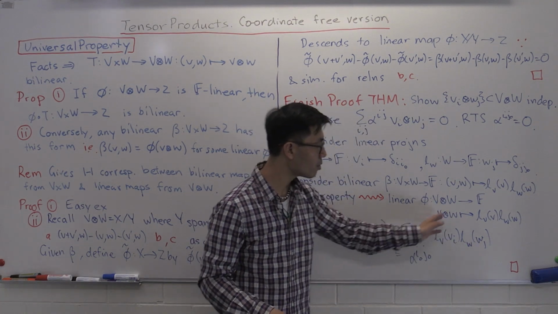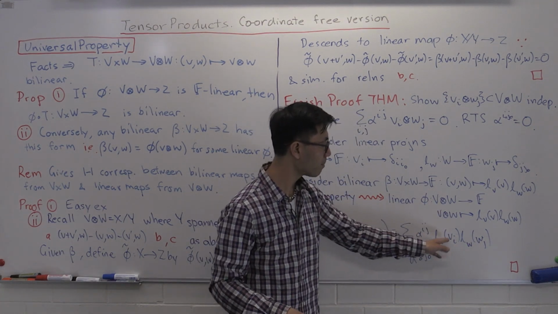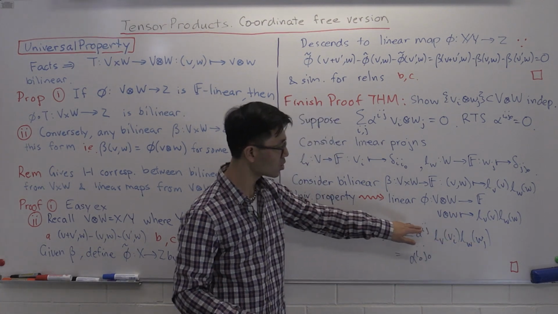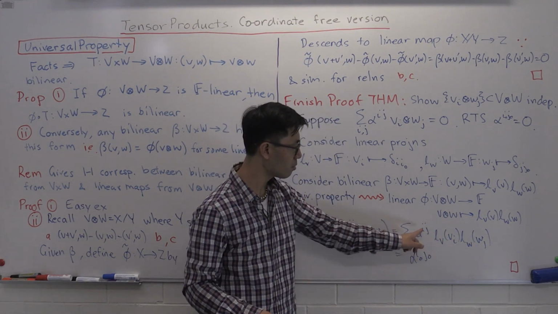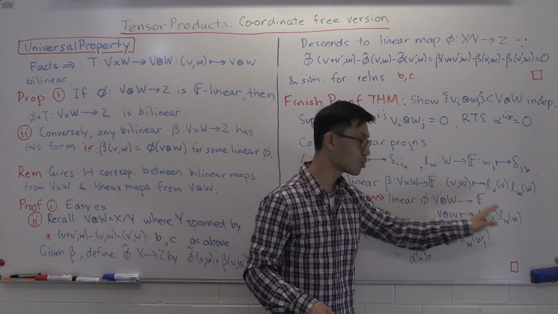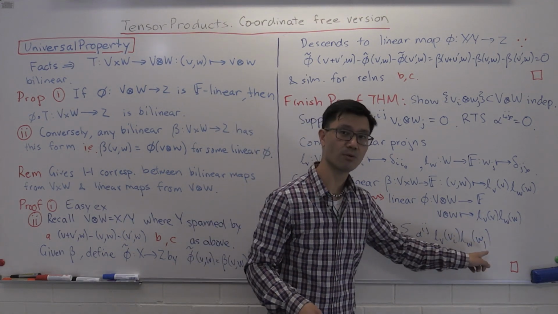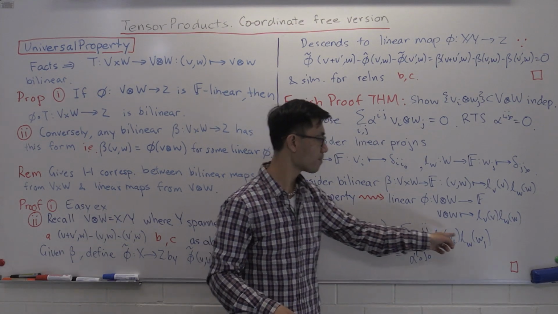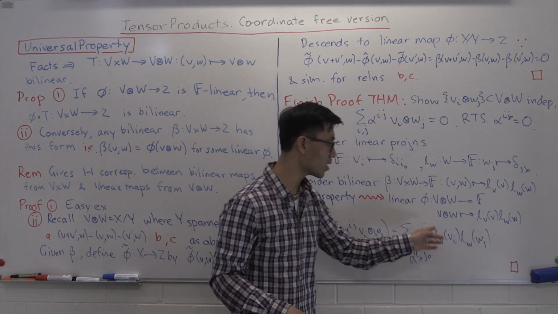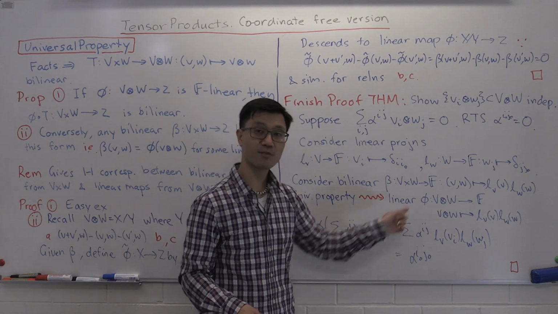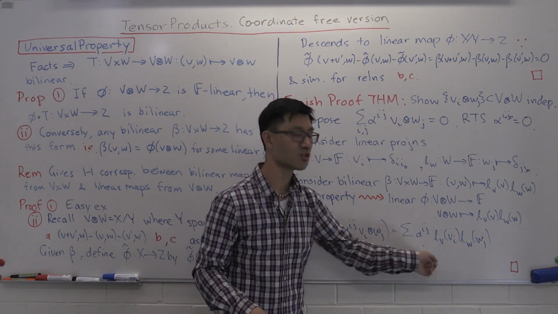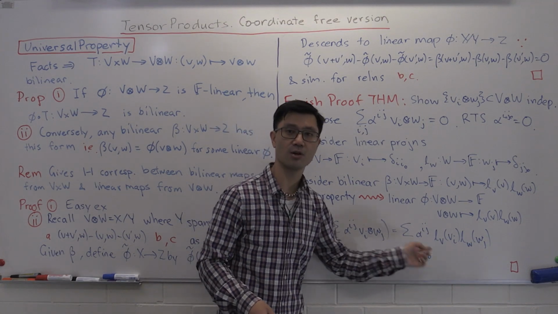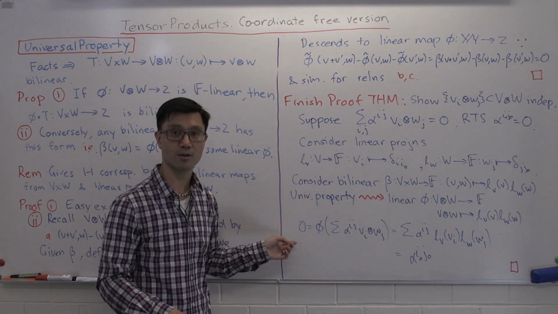So all of these will be 0 except for v_i0. The only i value which is non-zero is when i equals i0. And similarly here, this will always be 0 except when j equals j0. So that gives you only one coefficient, alpha^{i0 j0}. So we've shown that this coefficient, alpha^{i0 j0}, is in fact equal to 0.